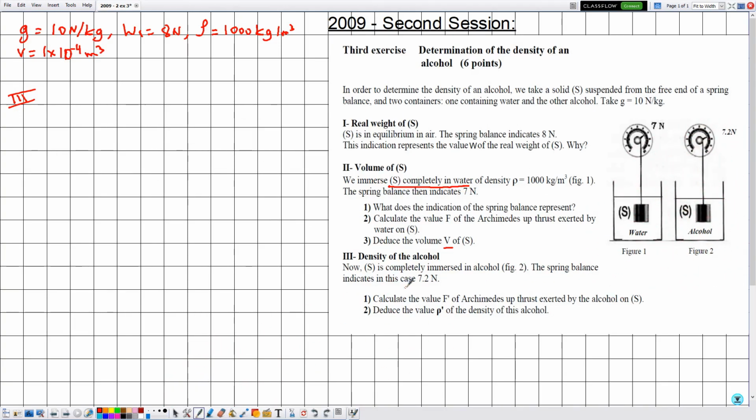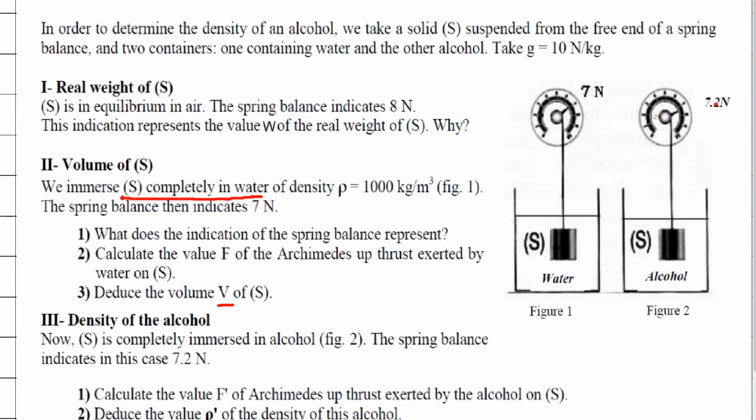The spring balance indicates in this case 7.2 newtons. So what does this indication represent? It represents the apparent weight when the solid S is immersed in alcohol. So this apparent weight is different than the previous apparent weight, because that one corresponds to when the solid S was immersed in water, while this corresponds to when the solid S was immersed in alcohol.